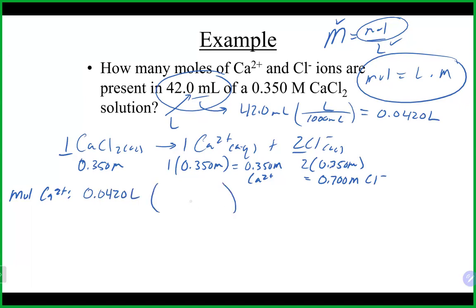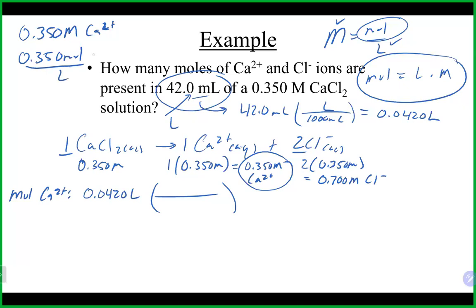I am again going to take this 0.35 molar of calcium and convert it into a conversion factor of 0.35 moles per liter of calcium, so I can see both of the units. And that is the way that I need to use it. I could also have flipped it the other way if I needed to, but in this case, that happens to be the right way.